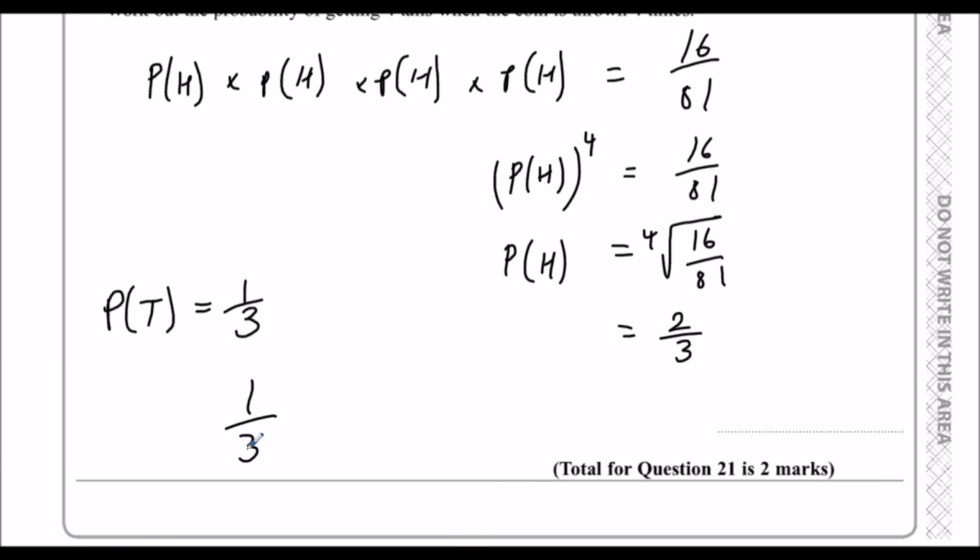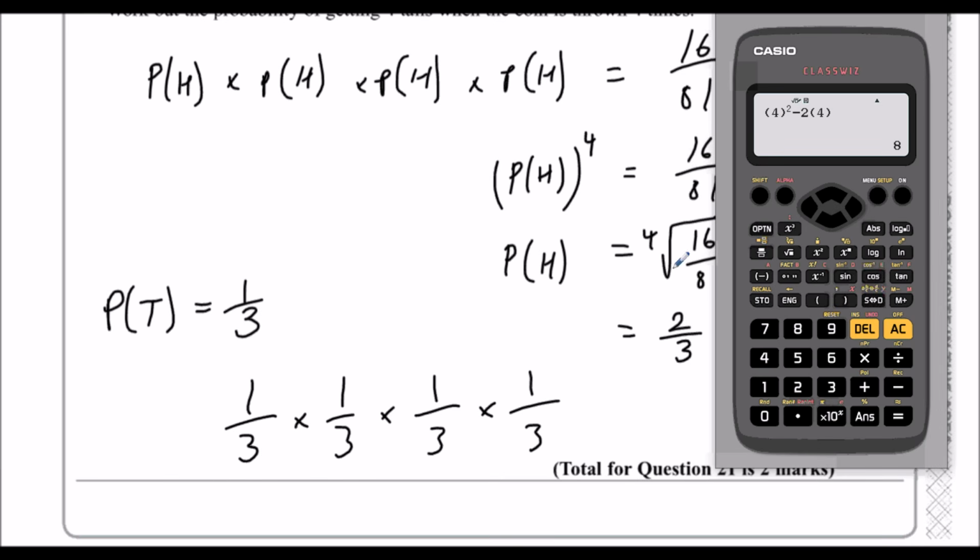So 1/3 times 1/3 times 1/3 times 1/3, which is going to be 1 on top, and on the bottom 3 to the power of 4 again is 81. Of course you can use a calculator, so it's 1/3 to the power of 4 is 1/81.